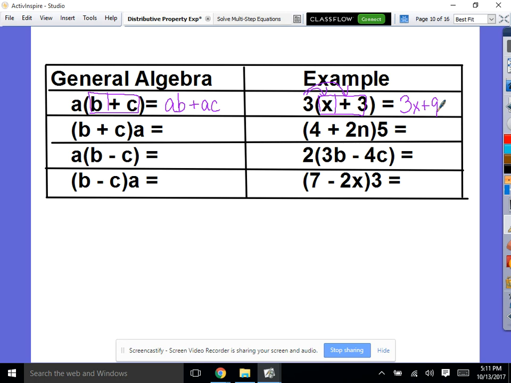Now, because of the commutative property, you can also have your term behind the parentheses. If it makes more sense to you to put it in front, the commutative property says that you can do that.